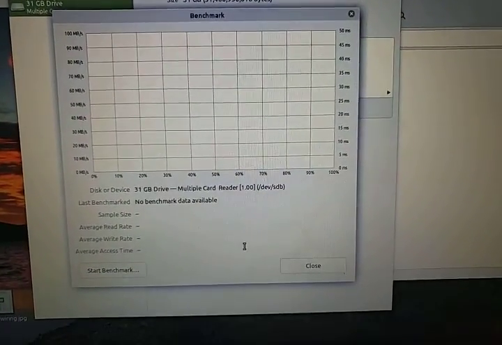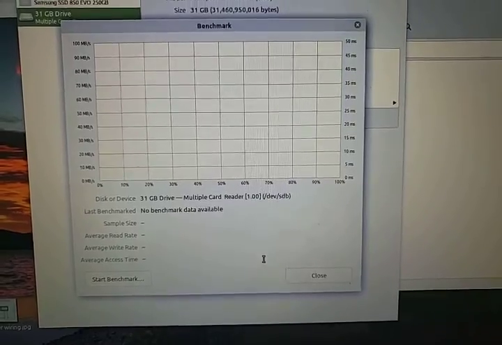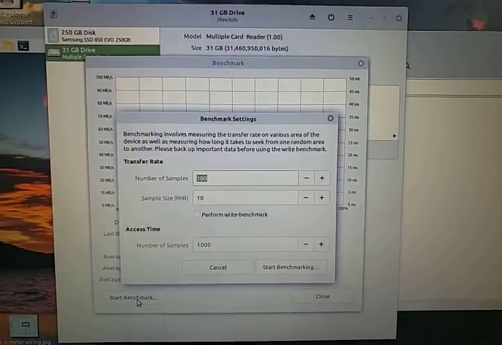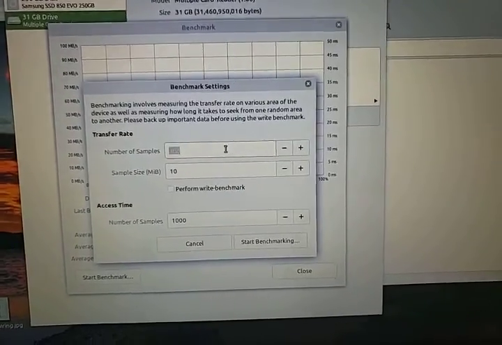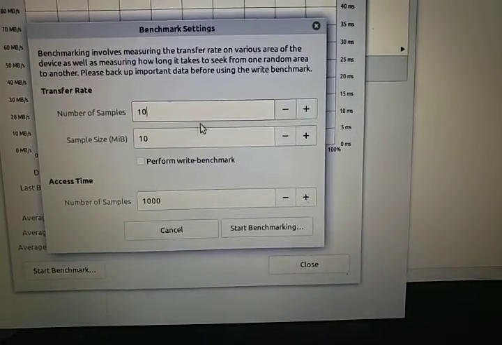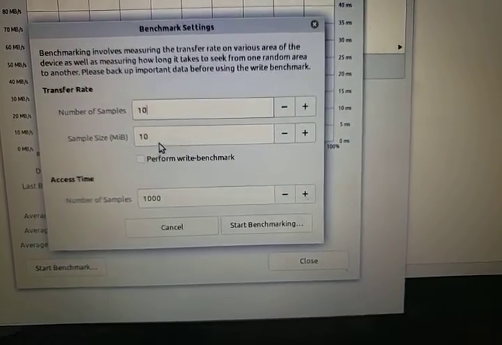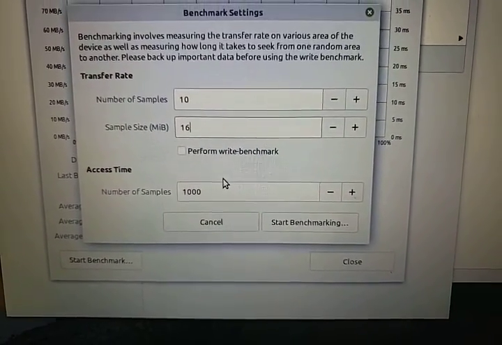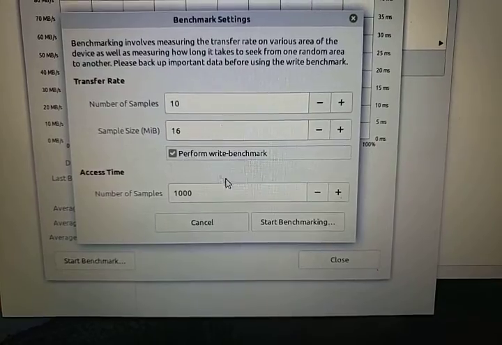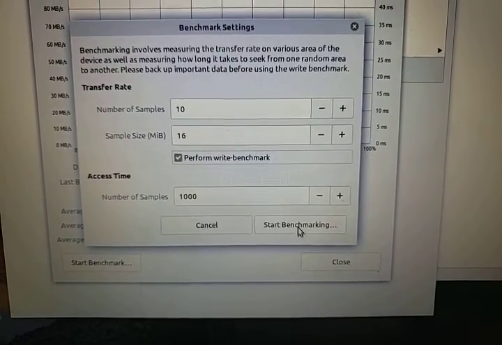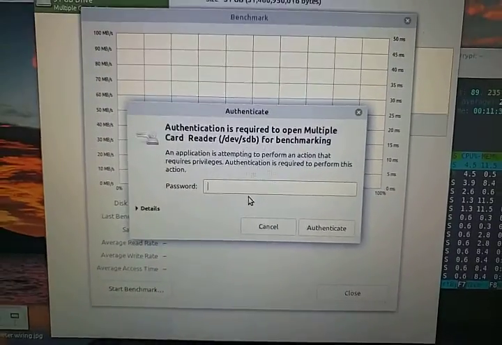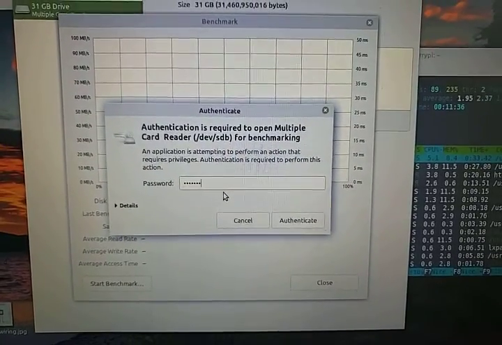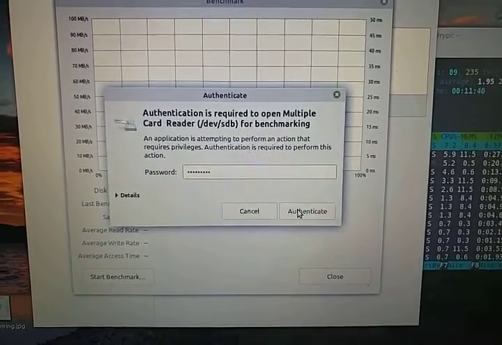I just have to format it because the duplication of the microSD card was not successful. It was giving errors. So I will just measure 10 points of 16 megabits size, and I will put my password and let's see what happens.